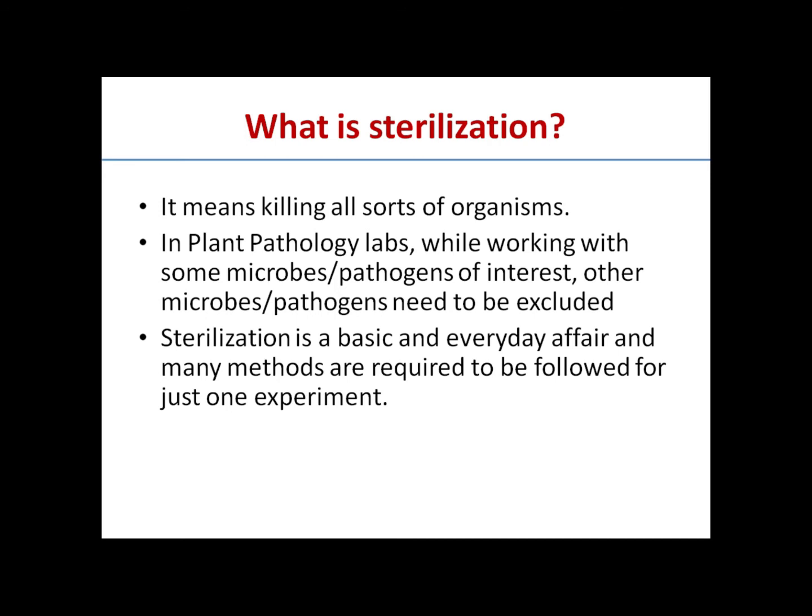In plant pathology labs, while working with some microbes or pathogens of interest, other microbes or pathogens need to be excluded. And this can be done through a process called sterilization, and it is the basic and everyday affair in a plant pathology lab. There are many methods that are required to be followed in various experiments.